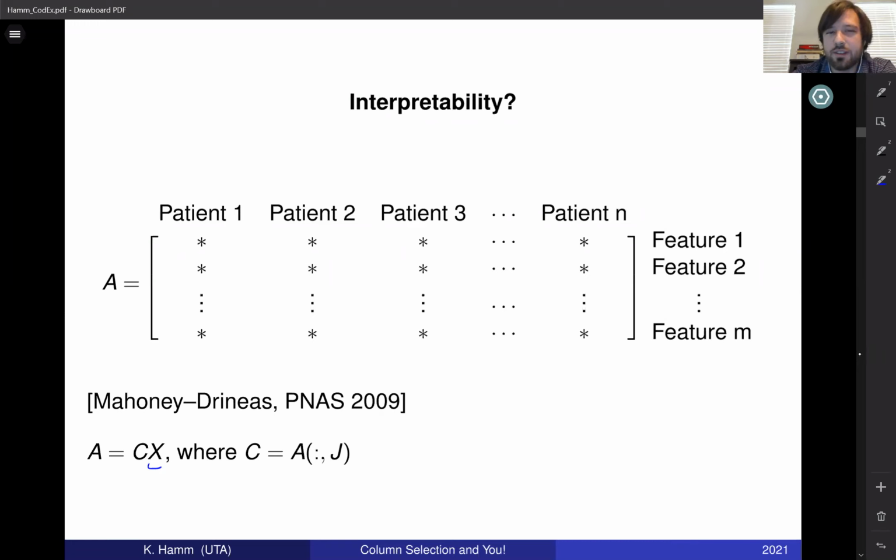And the reason I say this is an interpretable representation is that I actually know what the basis vectors are, because they're a given gene or a given patient, depending on how I do this, okay? And so if you're doing an actual domain science application, this could be very important so that you don't come to spurious conclusions.